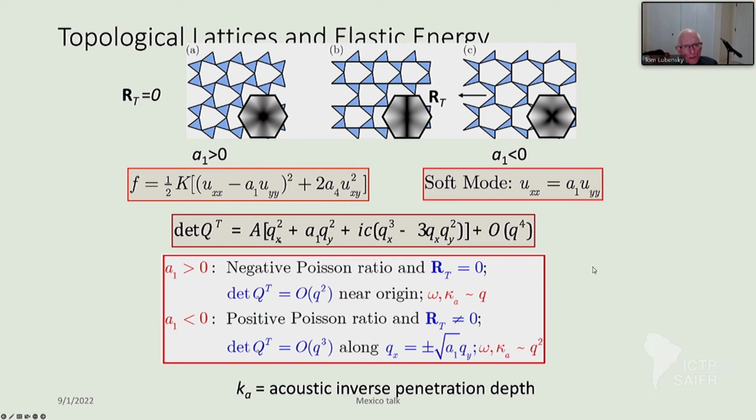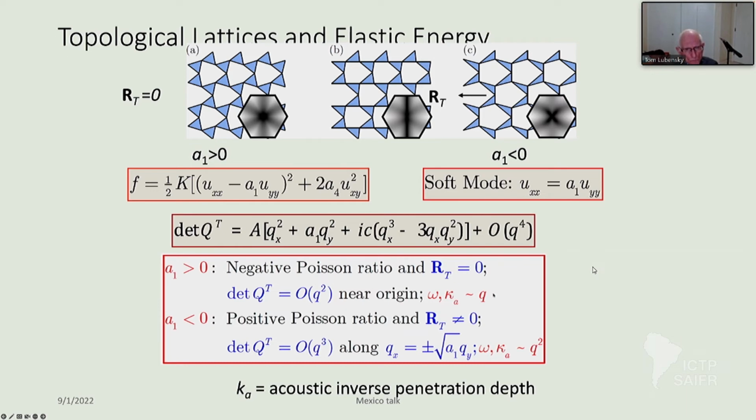Now, we can solve this equation for qx or qy. If A1 is greater than 0, as we said, we have a negative Poisson ratio, and the RT equals 0, and the determinant of Q goes as Q squared.